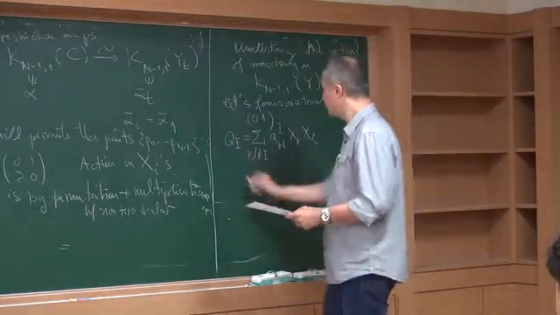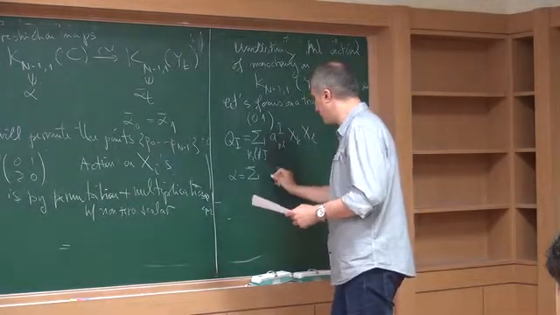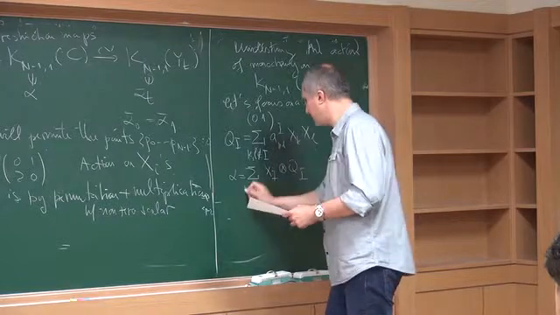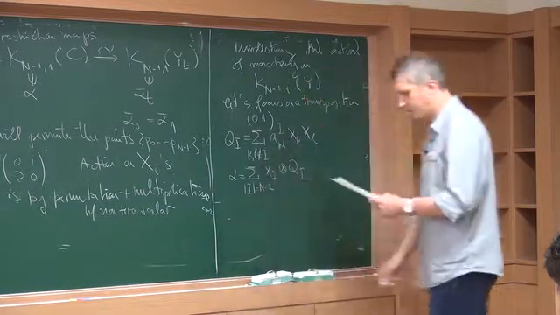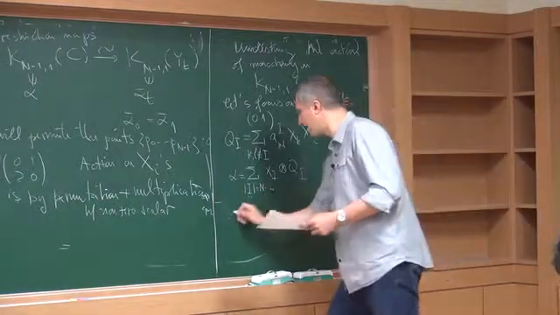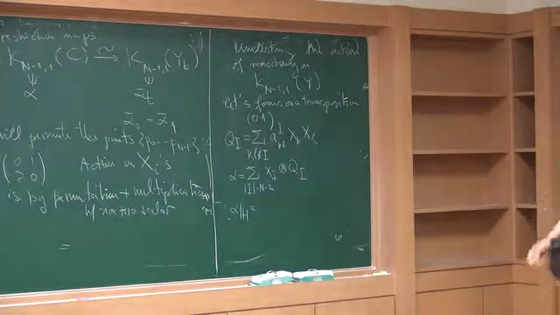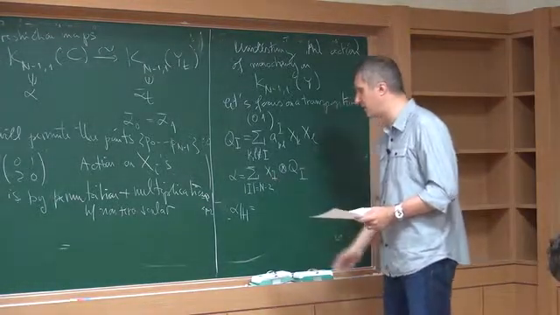So alpha was the sum of x_I tensor Q_I, where the length of I is n minus 2. Now what is alpha restricted to H? So H is given by the vanishing of the last variable.